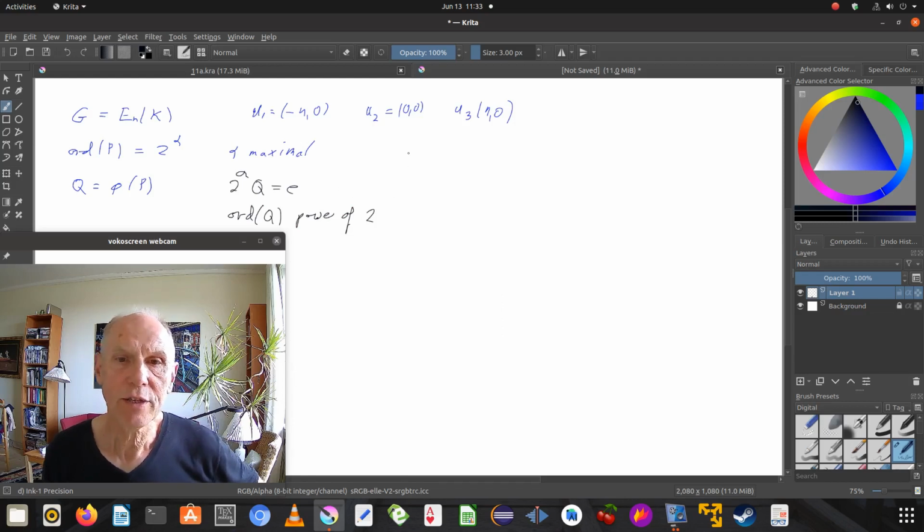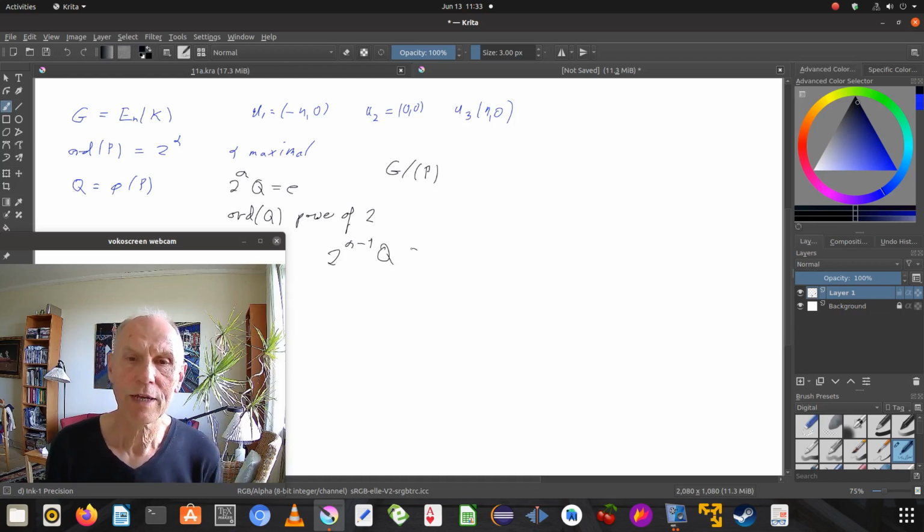And we need to find the order in G modulo the group generated by P. The question is, half the guy might that lie in the group generated by P?